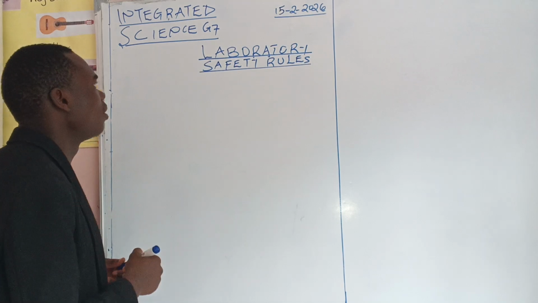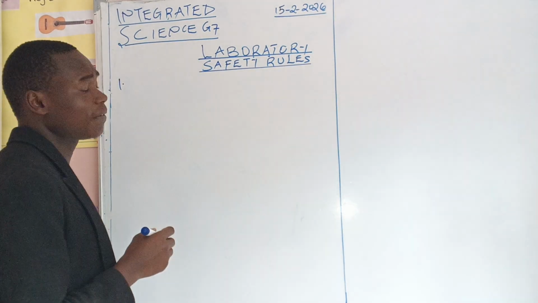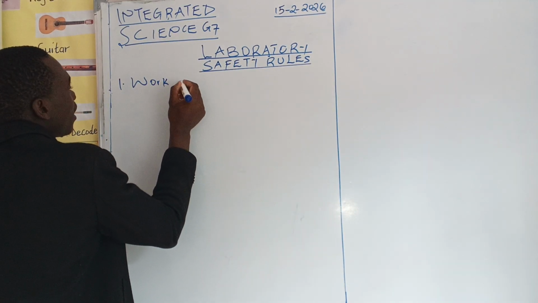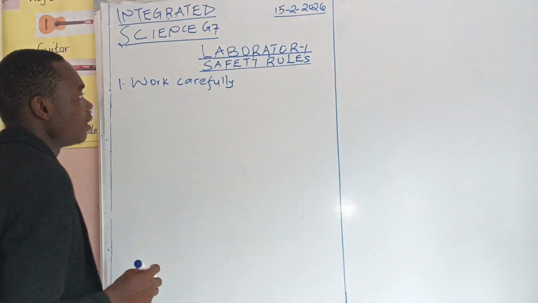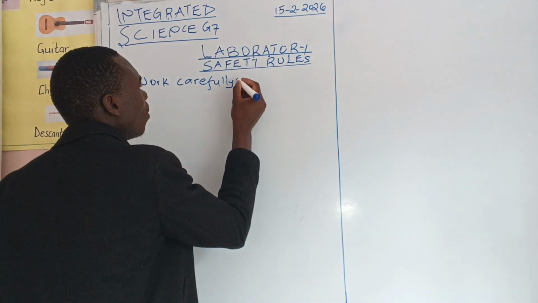And these rules include the following. Number one rule for safety is work carefully. Yes, you have to work carefully as you're doing your experiment. Why?